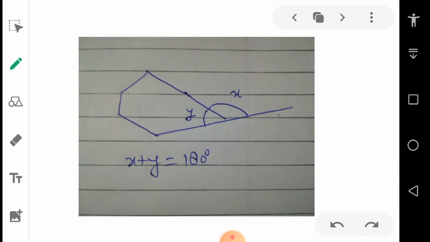Suppose you extend the side in this direction. Now this is exterior angle and this is interior angle. Again the sum of both these is 180 degree. Suppose you extend another side, so let it be this one. This is exterior angle, this is interior angle, so again the sum of both these is 180 degree. This concept is helpful when you find the value of the interior or exterior angles in any polygon.